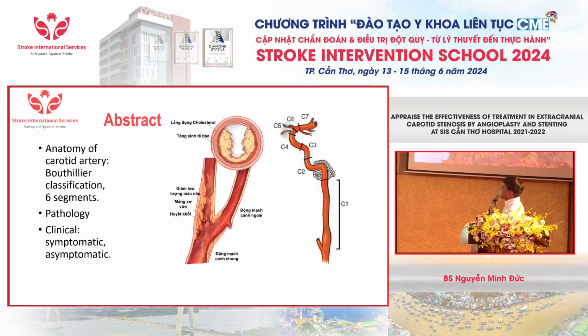Here is the anatomy of the carotid artery; we choose the Bouthillier classification, which divides the carotid into 6 or 7 segments, with the extracranial part being C1 and C2. For the clinical status, we split patients into 2 groups, symptomatic and asymptomatic.